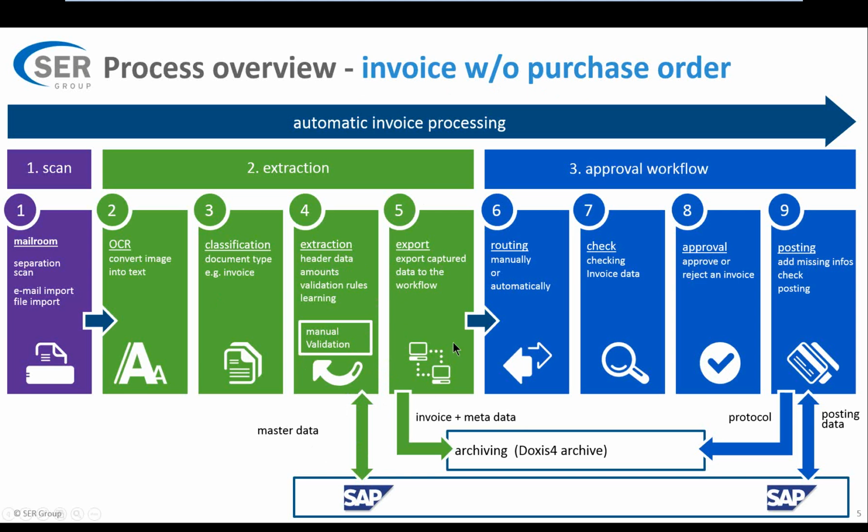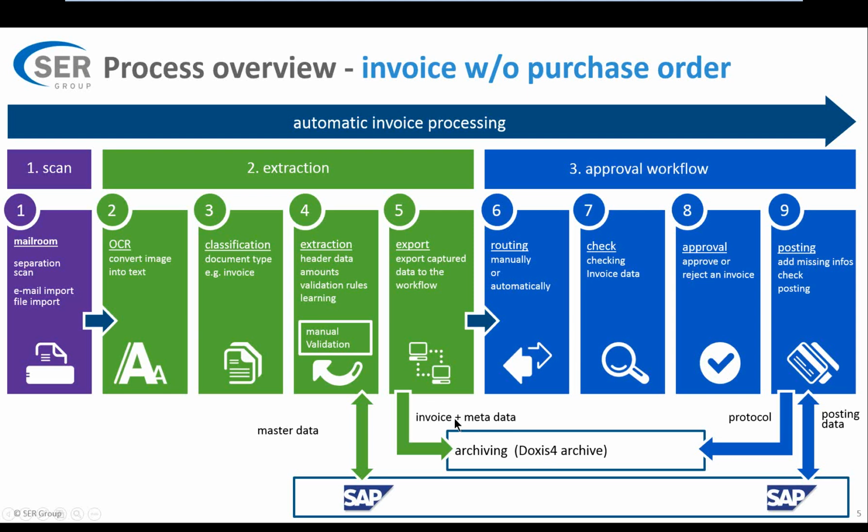So at step 5, if everything is collected, all information from the invoice is extracted or manual captured, then everything will be handed over to the workflow part. And of course, everything is stored into the Doxis4 archive from this one.